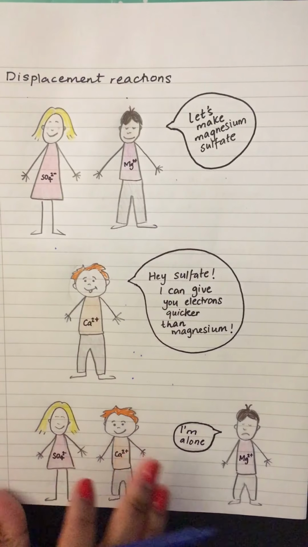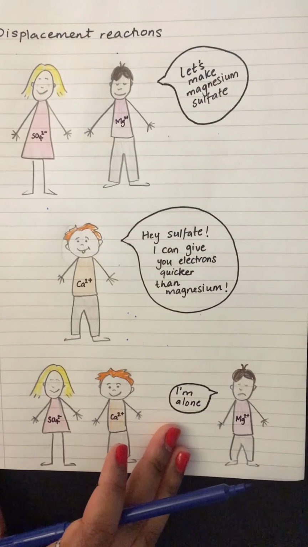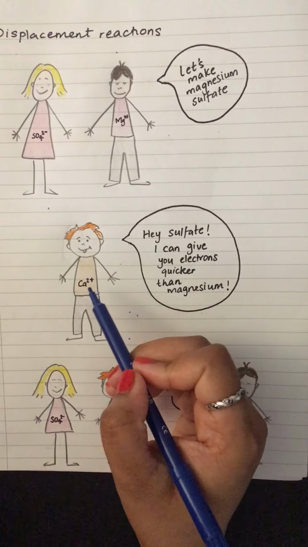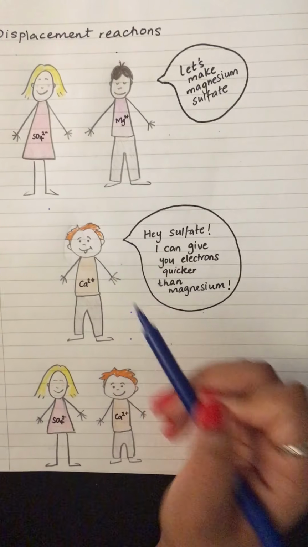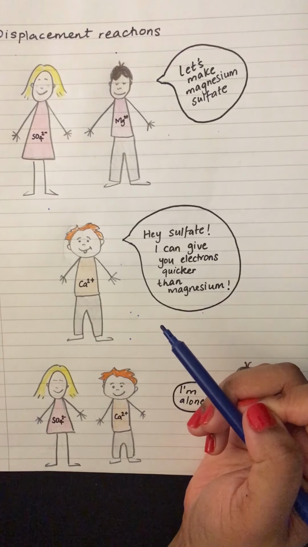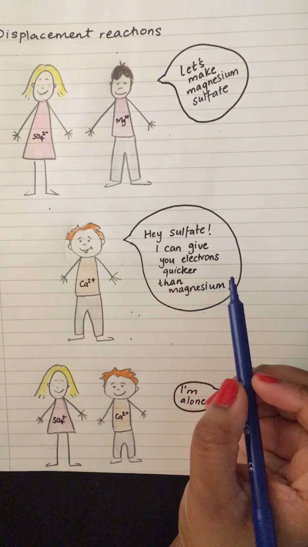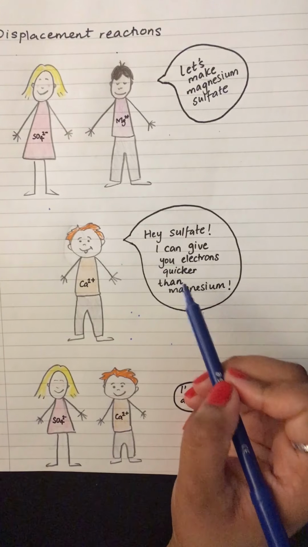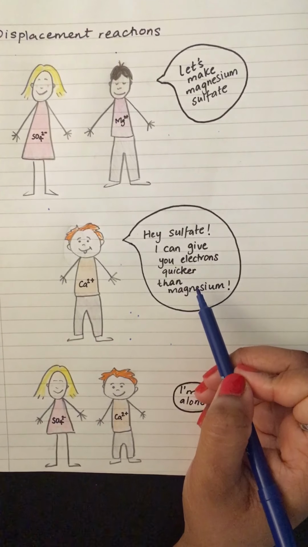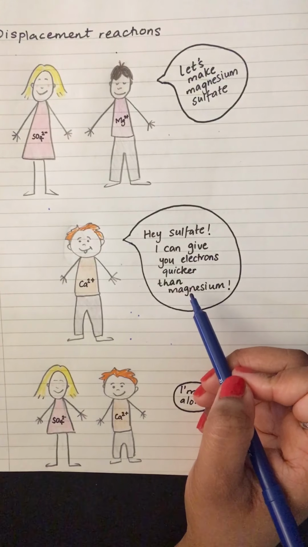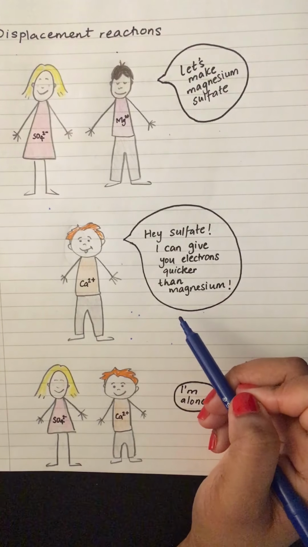Now, let's look at what happens when this cheeky chappy, calcium, with his tongue pointed out, quite confidently says to sulfate, hey, sulfate, I can give you electrons quicker than magnesium.